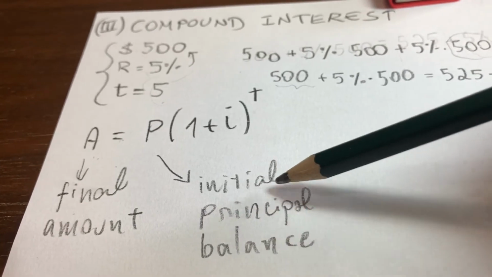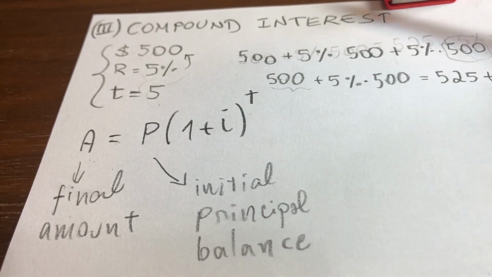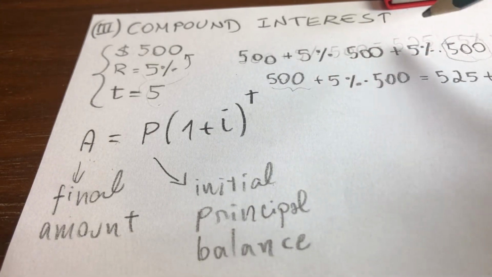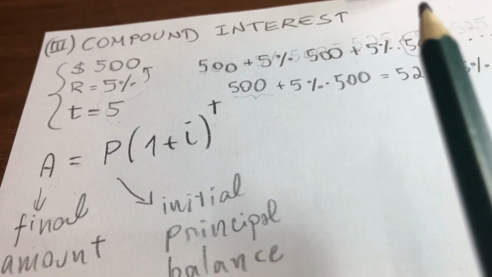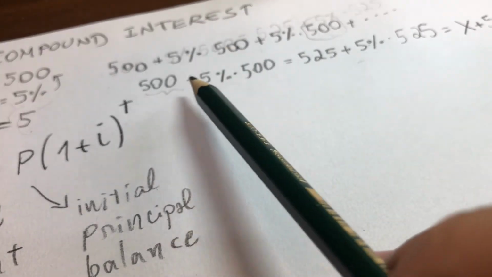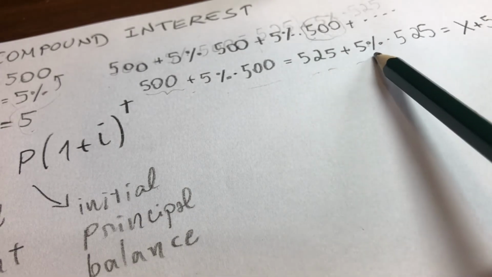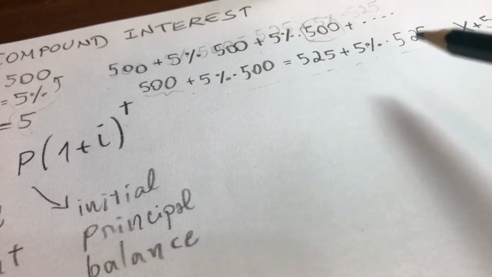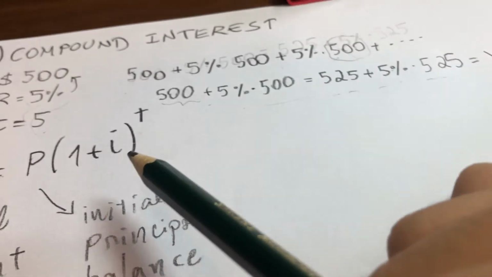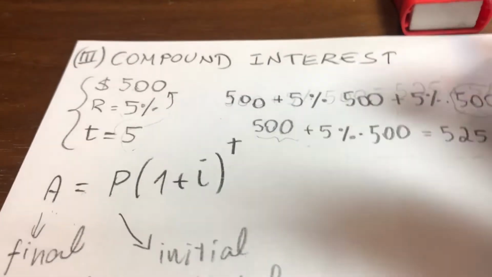P, the initial principal balance, just as in the simple interest. So this would be really difficult for me to calculate because it's not as simple as the first one. Compound interest is way harder for me to do by hand. But if we use the formula, it's super easy.